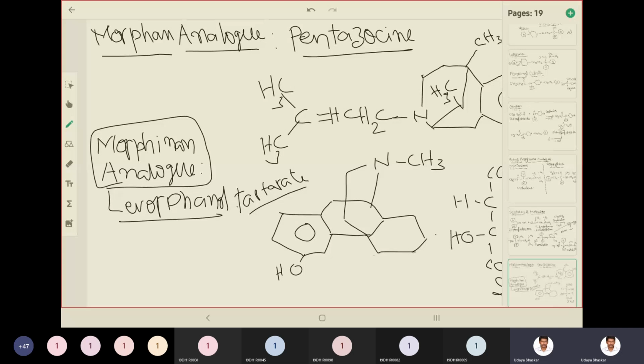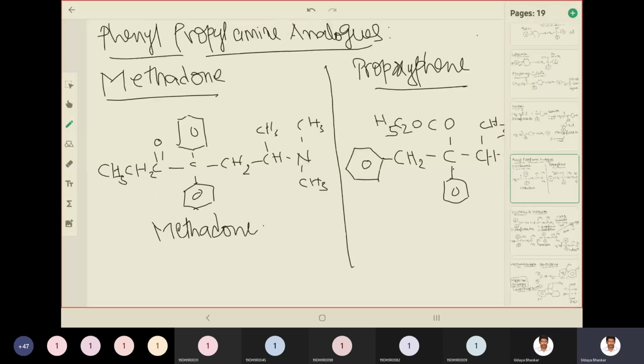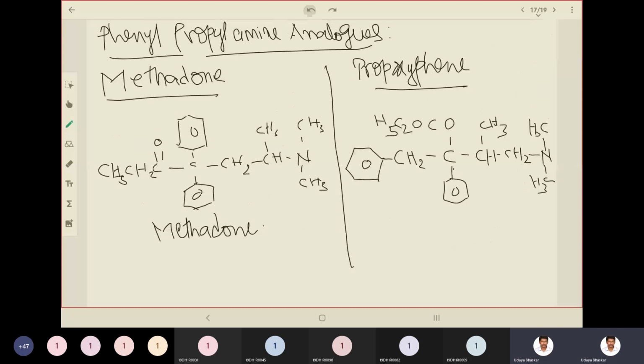And if you see propoxyphene, it is used to control mild to moderate pain and used along with other analgesics having anti-inflammatory and antipyretic properties like paracetamol and aspirin. So it is given along with aspirin and paracetamol. Control moderate pain.